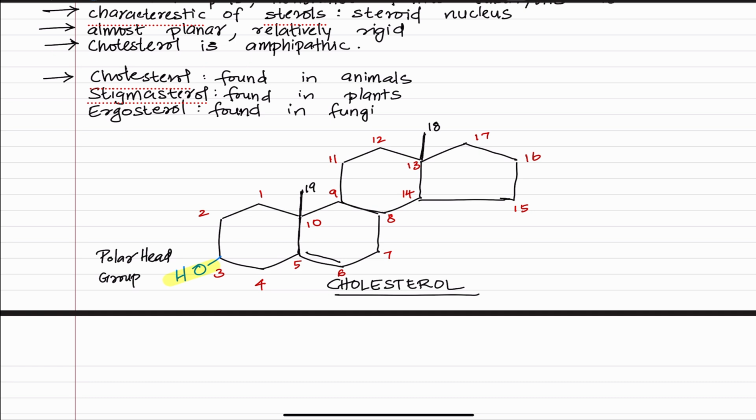And the rest of the alkyl side chain is from the 17th carbon. So I'm going to draw that out. I'm going to number it as well. 19 was the last number, so 20, 21, 22, 23, 24, 25, 26, and 27.